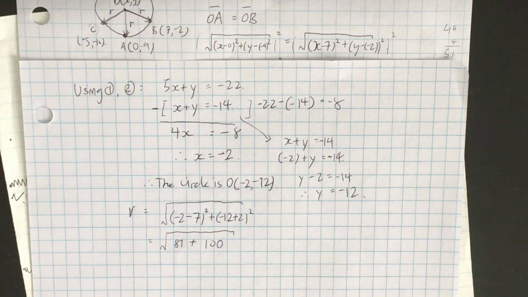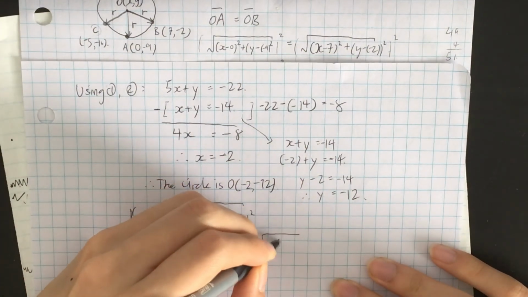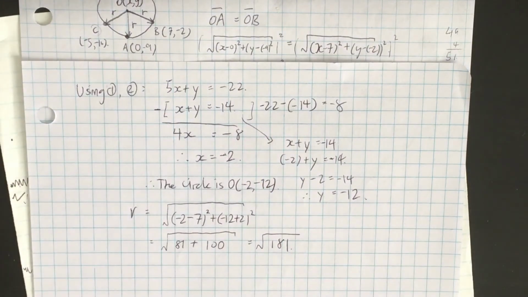So therefore our radius is going to be the square root of 181. Okay, very nice.